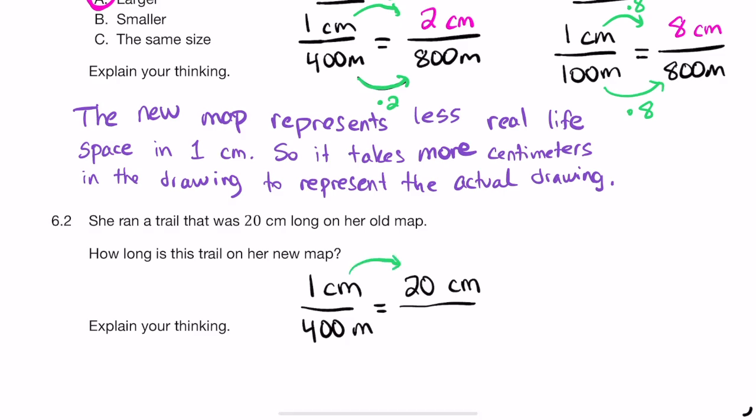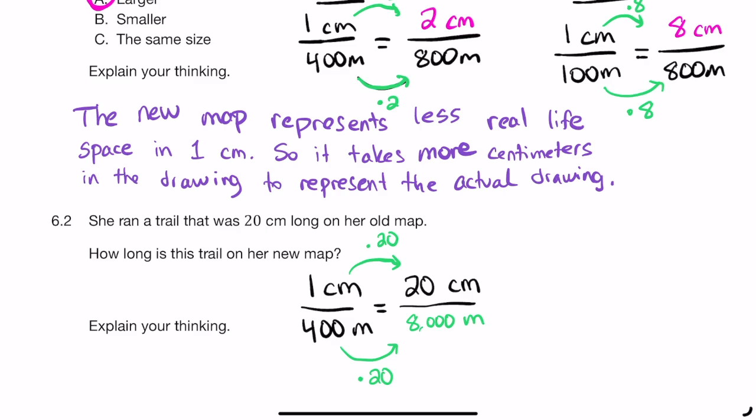So now we want to figure out, okay, what was that in real life? So to get from 1 to 20, I'm multiplying by 20. So then I can multiply 400 by 20, and that's going to be 8,000 meters in real life. Okay, so it's a lot of meters. So in real life, she's going 8,000 meters.